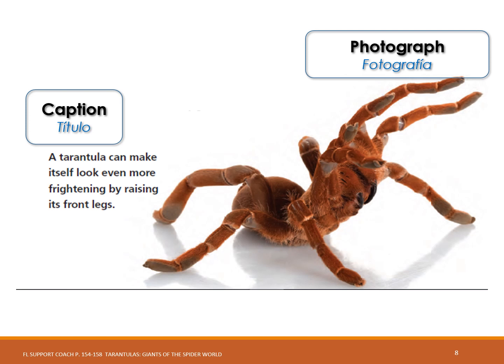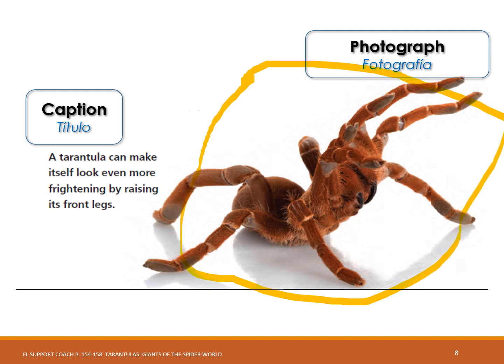So let's see. I'm pretty sure that this is a tarantula, right? Okay, well, let's see what the caption says. A tarantula can make itself look even more frightening by raising its front legs. Okay, so we were right about it being a tarantula. That's good.